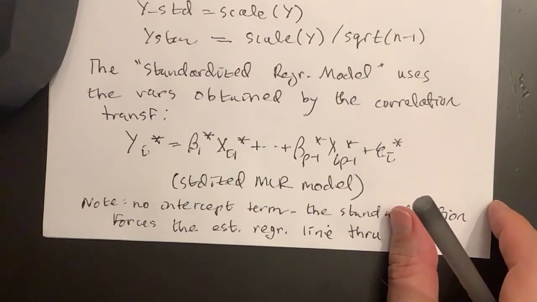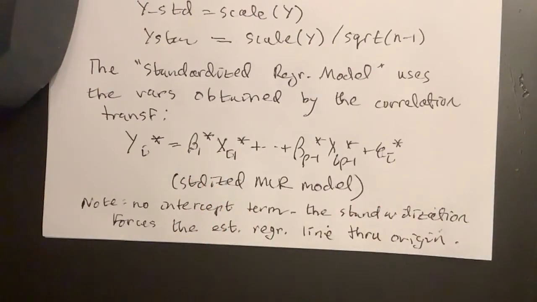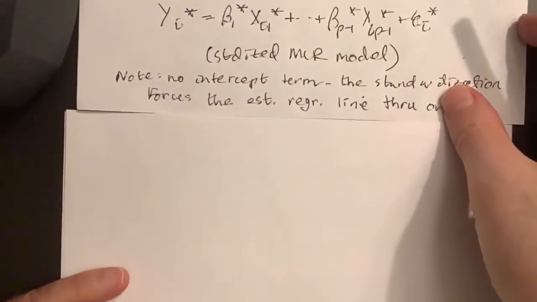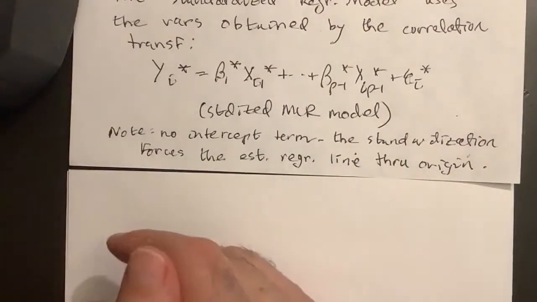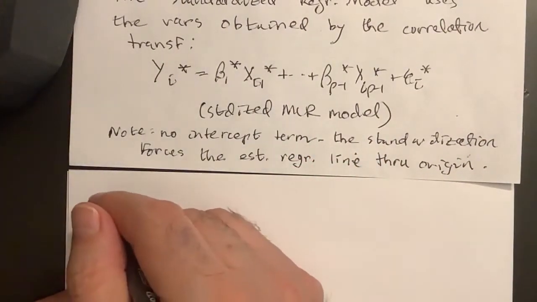All right, so with that, how are these regression coefficients related to our old beta 0, beta 1, etc.? So the first question is, we just have to hack it out.